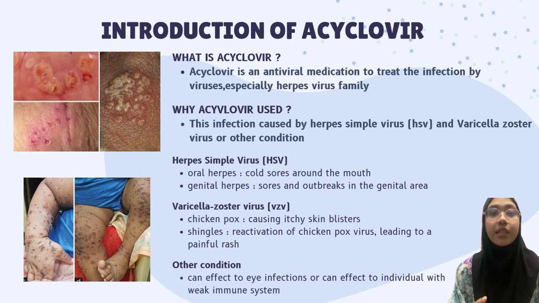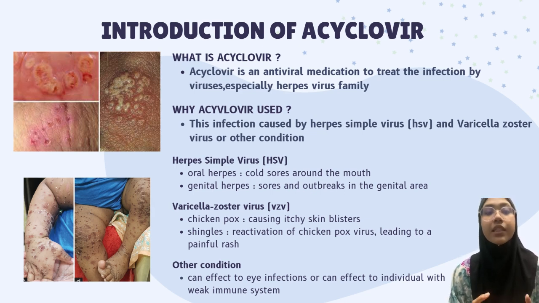So why is acyclovir used? Acyclovir is mainly used to treat infections caused by two common types of virus. The first is herpes simplex virus (HSV). This virus can cause oral herpes, also known as cold sores, which are small, painful blisters that typically appear around the mouth or lips.